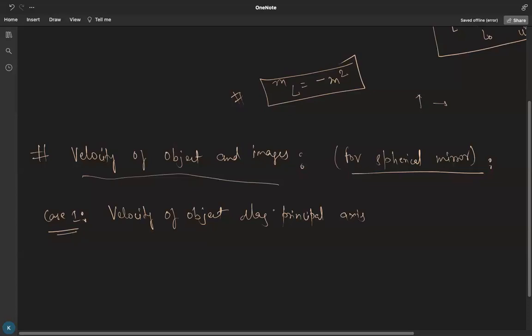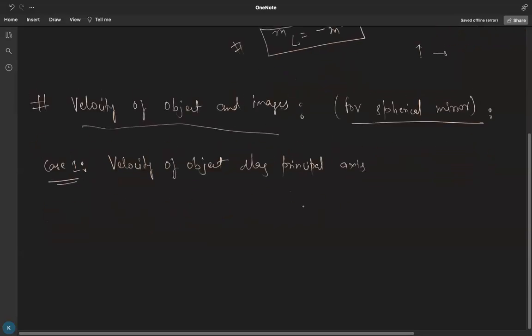So there are only two, and whenever the velocity is at some angle, we take the components and try to find them out. So the first case we have to deal with is when the velocity is either parallel to the principal axis or perpendicular to the principal axis, right? I'm taking the first case, when the velocity of object is along the principal axis, or parallel to the principal axis.